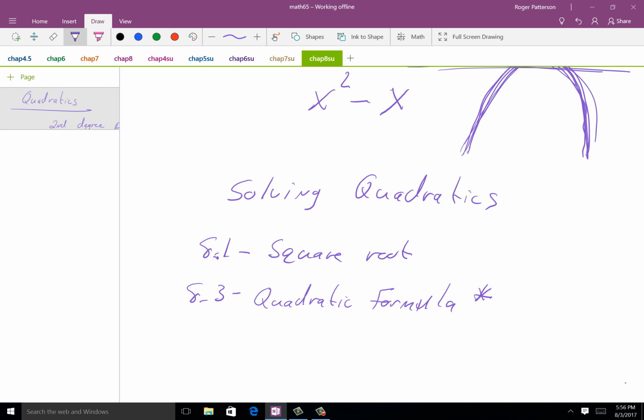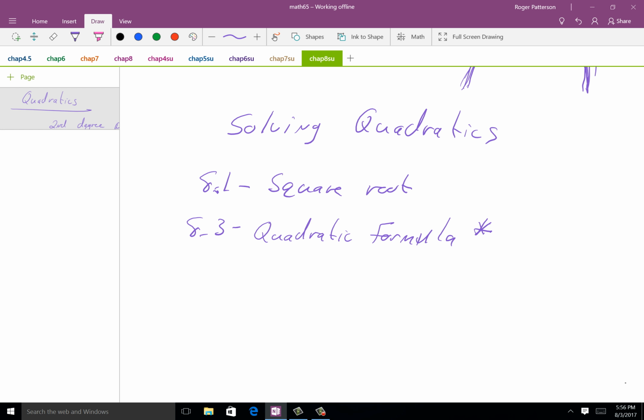We know how to solve them already because we did it at the end of chapter 6. I just graded some of those today. We used the zero product property to solve some of those, but we can use these other techniques because only a certain number of polynomials can be factored.